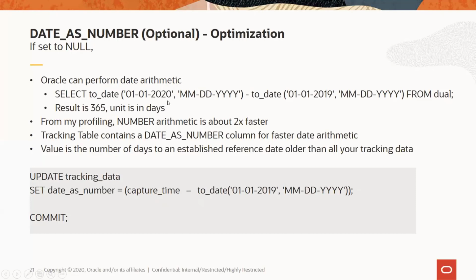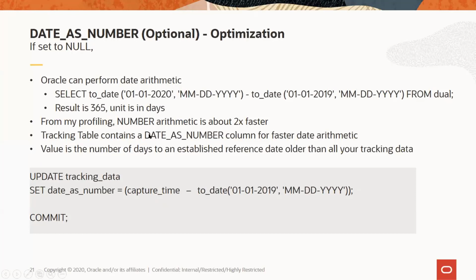So this type of API does quite a bit of time analysis, so time arithmetic. What I noticed is that time arithmetic, when you're doing it repetitively, is a little bit slower than just doing number arithmetic. So I see number arithmetic being at least 2x, sometimes 3x faster than date arithmetic.